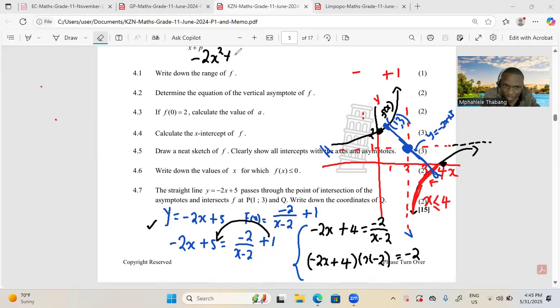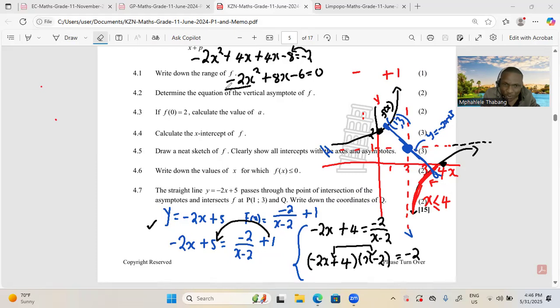Multiplying these out, you have minus 2x squared plus 8x minus 8 equals minus 2. You take the negative 2 to this side: minus 8 plus 2, minus 6, equals 0.